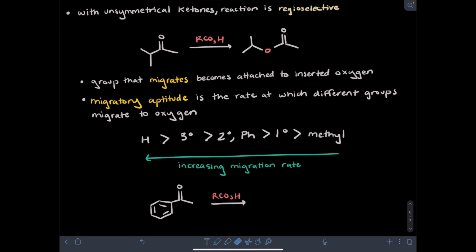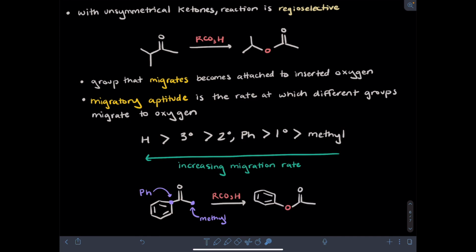So, for example, if you wanted to predict the product for acetophenone reacting with a peroxy acid, you would want to consider the carbon groups attached to the carbonyl, in this case a phenyl group compared to a methyl group. A phenyl group has a greater migratory aptitude compared to a methyl group, meaning the phenyl migration will take place faster and by a lower barrier than the methyl migration.